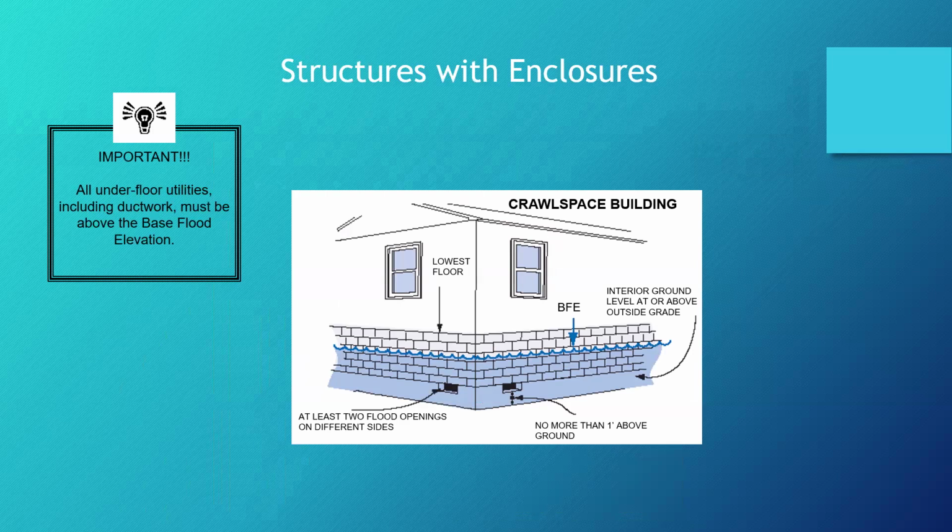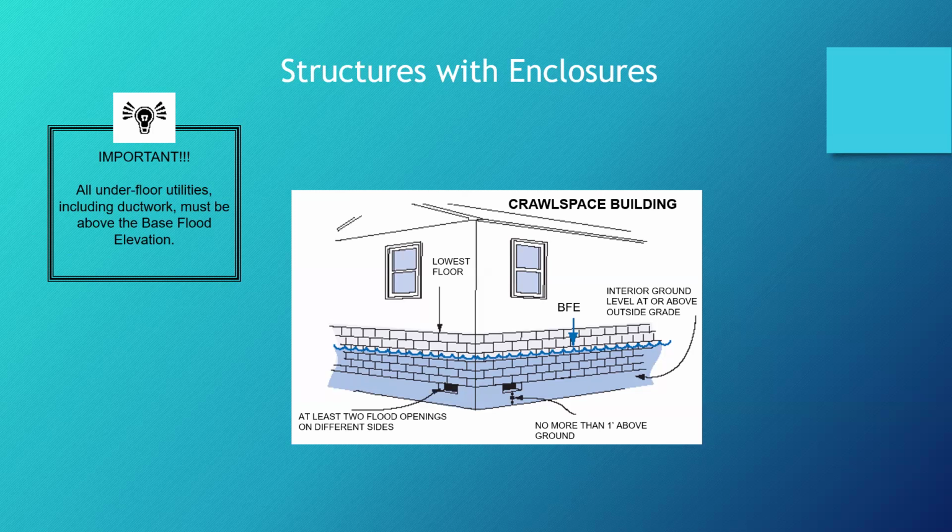Again, structures on enclosures. So this is just a diagram with the flood openings and just showing you where the lowest floor is in comparison to the base flood elevation, and you can see it's elevated above that. So this is taken from our new quick guide. We updated that in June, and I do have that available for anyone who wants it.